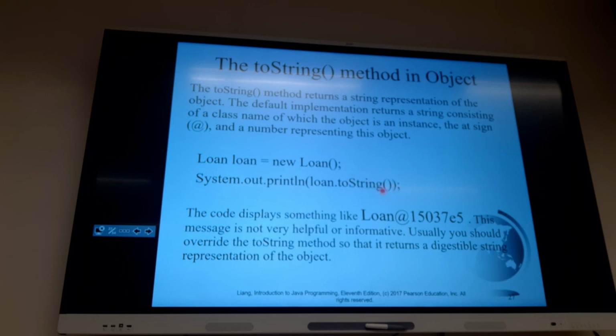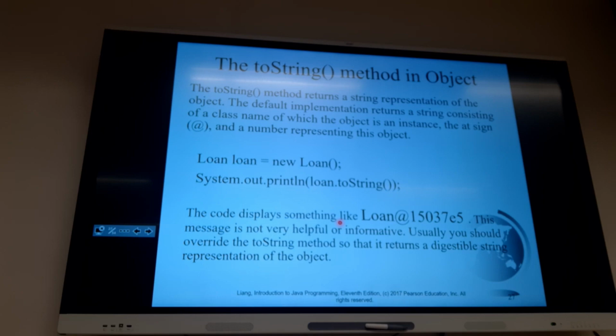What is the default implementation of it in the Object class? It returns a string consisting of the class name of which the object is an instance, and then a number representing this object. If I do this, the code displays something like Loan at this number. This message, of course, is not very helpful or informative.